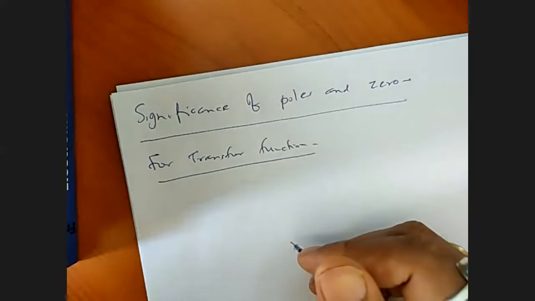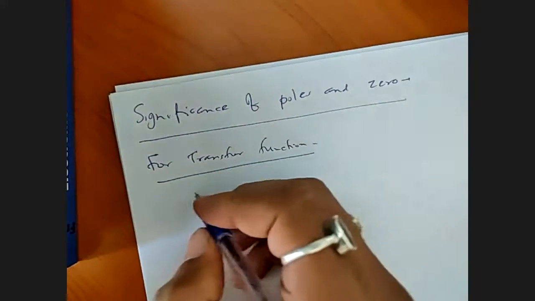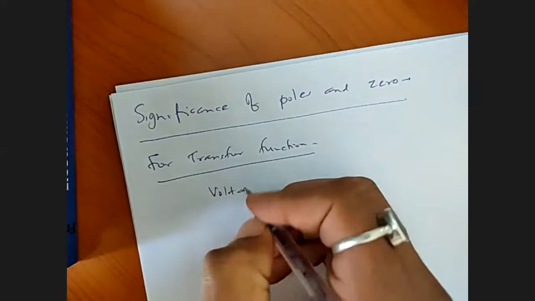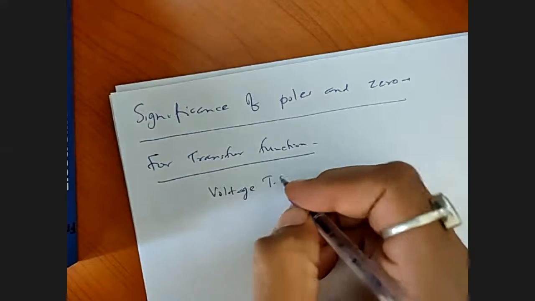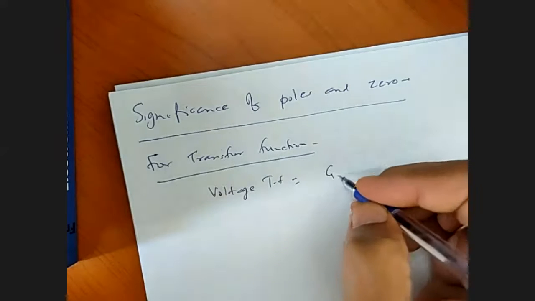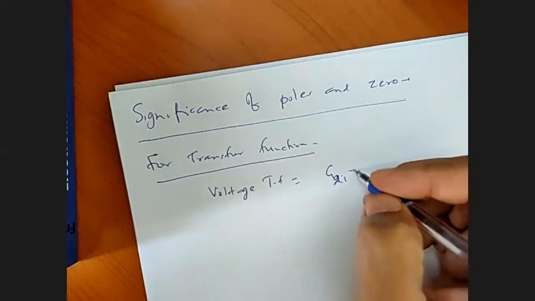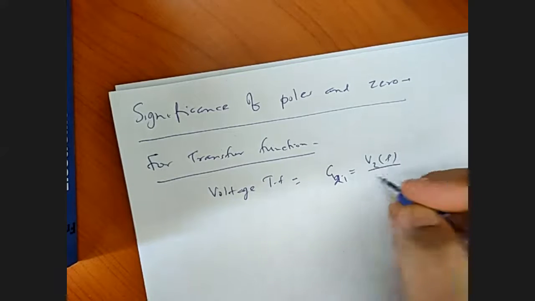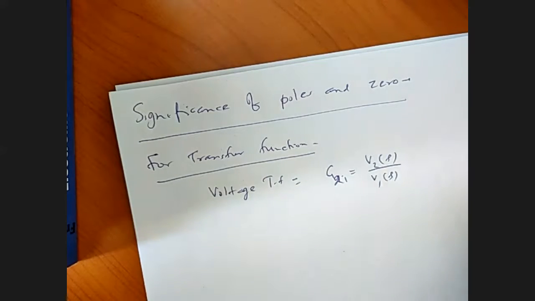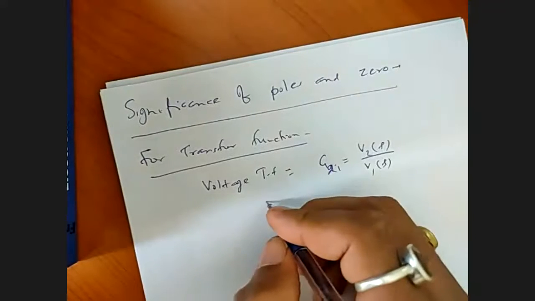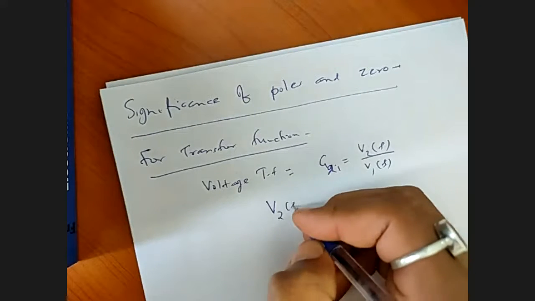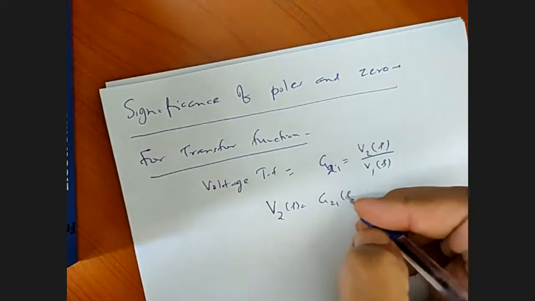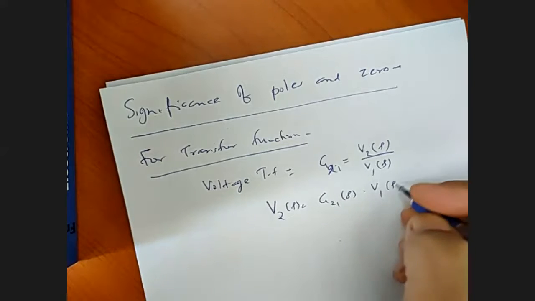If it is a voltage ratio or voltage transfer function, we will write G21 equal to V2(s) upon V1(s). That means V2(s) will be G21(s) into V1(s).